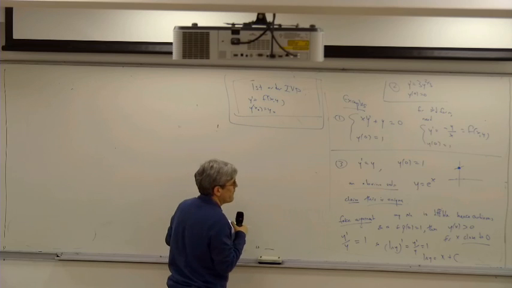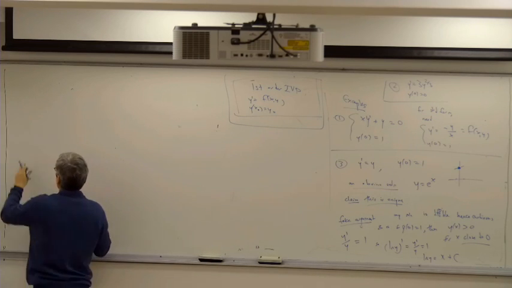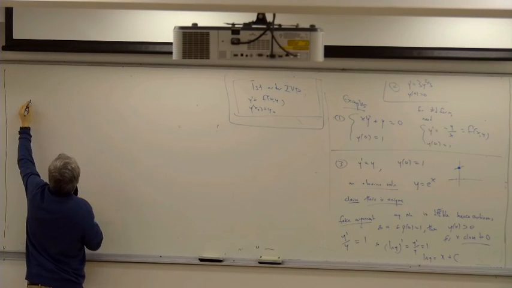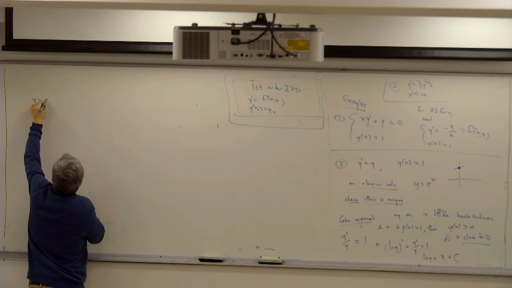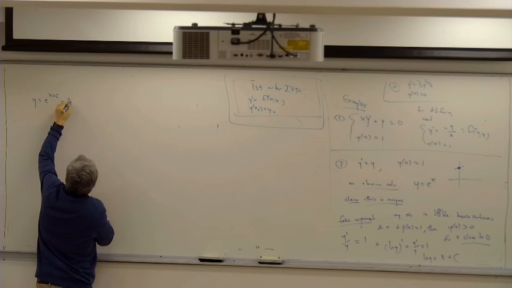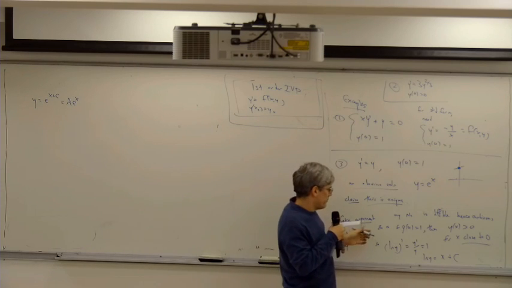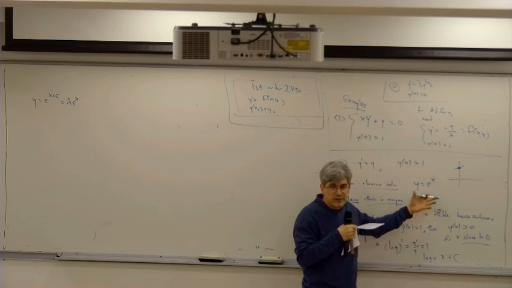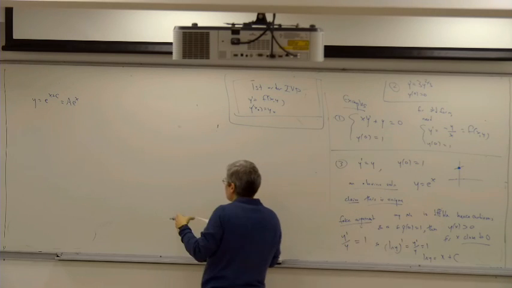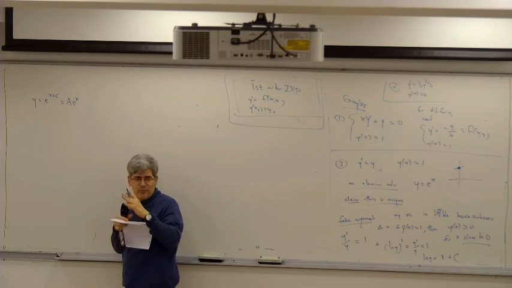So, for example, y equals e to the x plus c, which is of the form a e to the x. Actually, if you allow a to be negative, you would get other solutions, and that is the general solution. We'll see why later in the course, a more careful general proof without using the theorem.